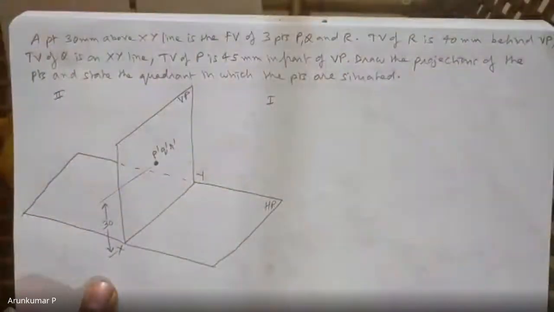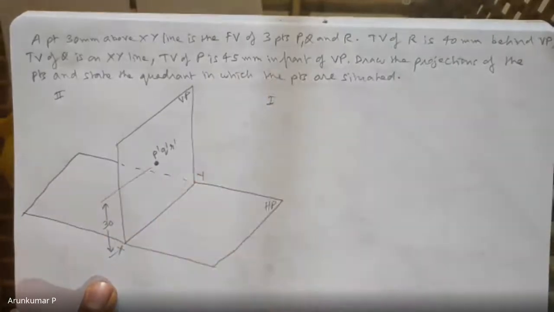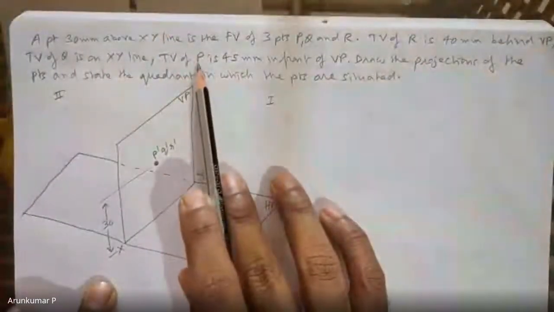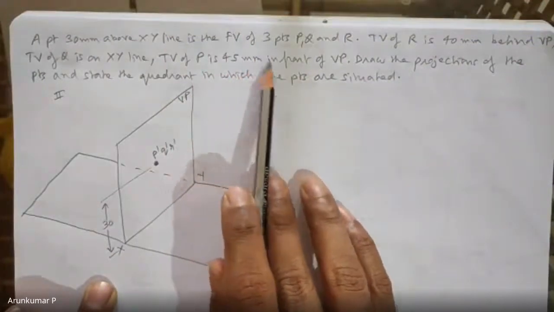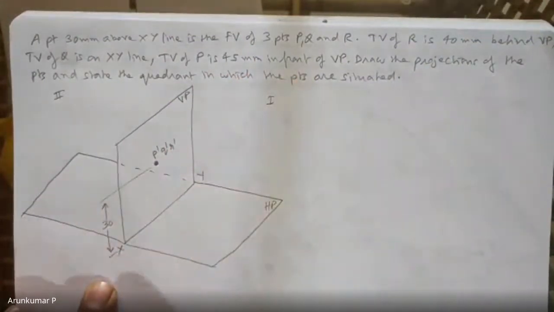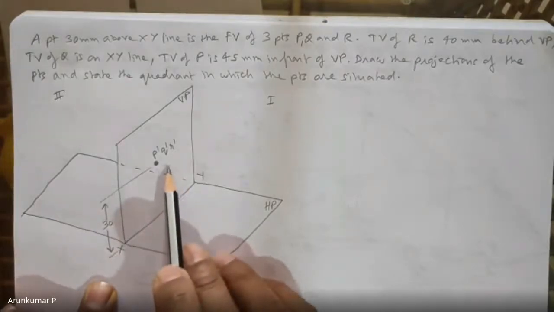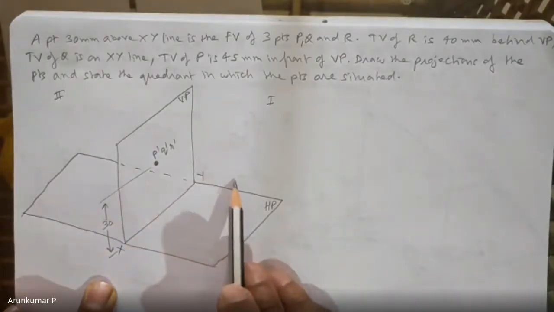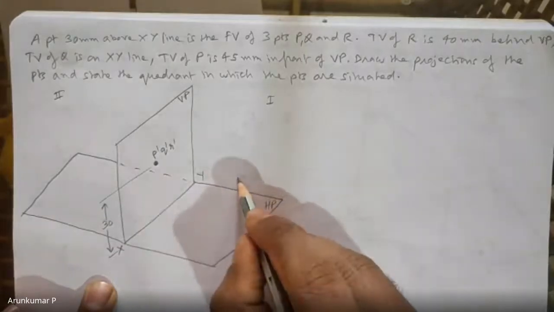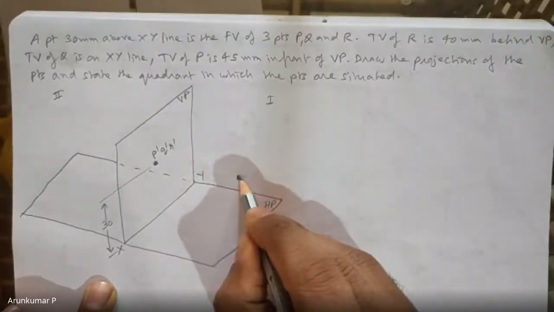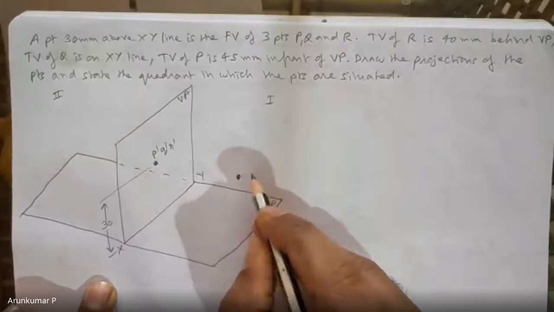Now, one by one, I'll try to locate the points basically. So, top view of P is 45 mm in front of VP. So, where will P be basically? I think P should be somewhere here. The point P, I'm not talking about the view.